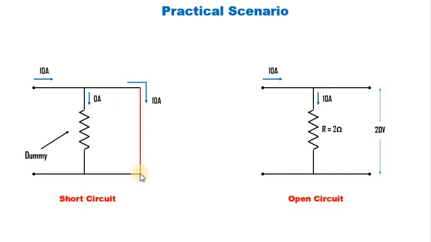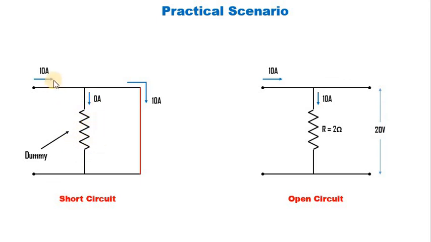These two terminals here are shorted with this path, which is shown here in red color. What is happening here? After this path is shorted, whatever branch is in parallel with this path becomes a dummy element. Dummy element means no current will pass through this element.